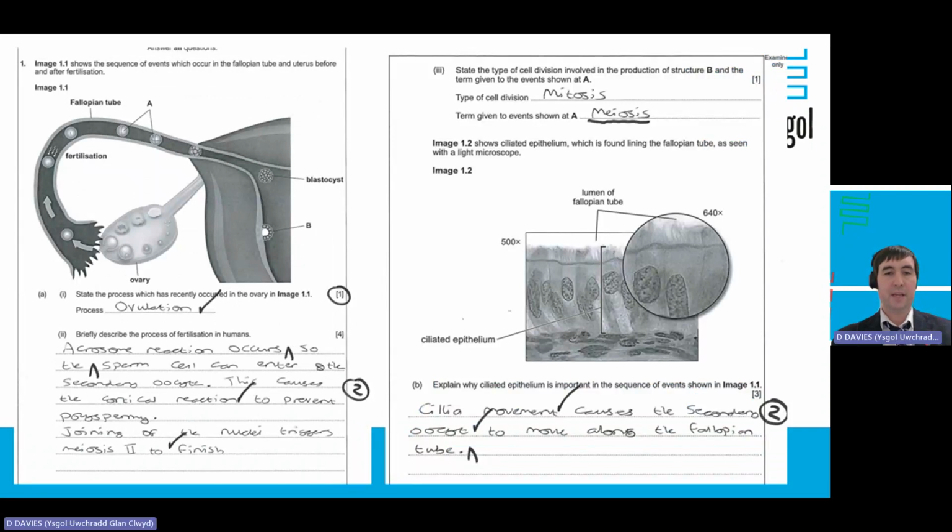Okay, so he got the ovulation correct. So there are again words missing here. Terms missing. What were the terms that he missed there? So type of cell division, term given to the event shown at A. Okay, so cleavage, he's misunderstood.